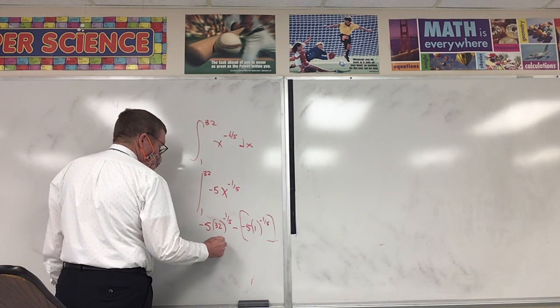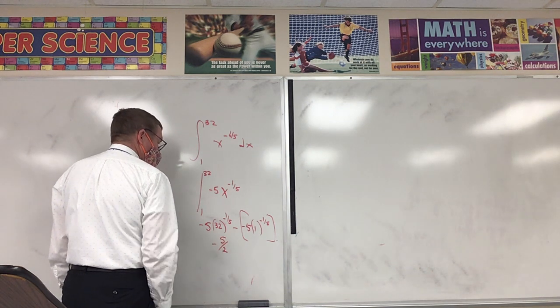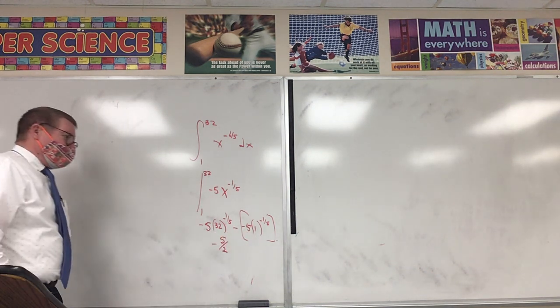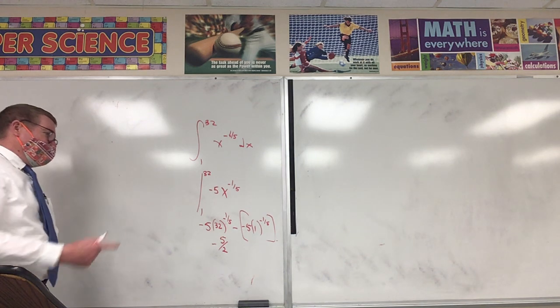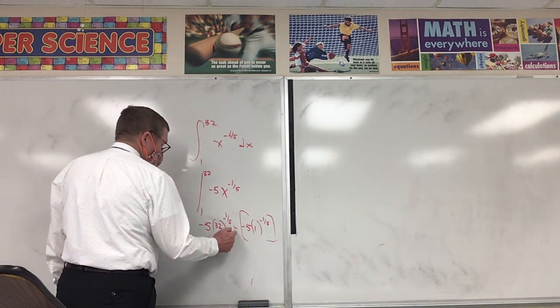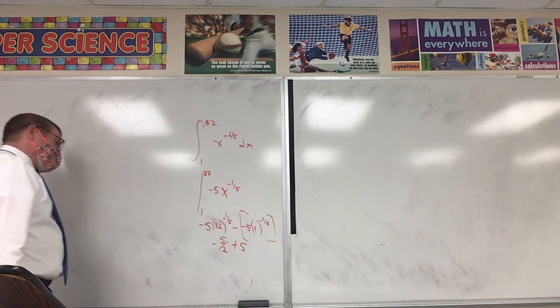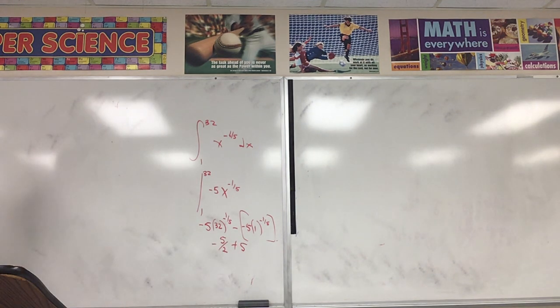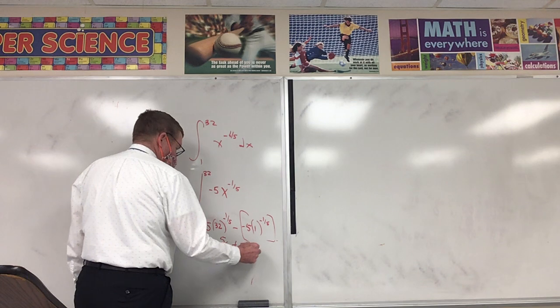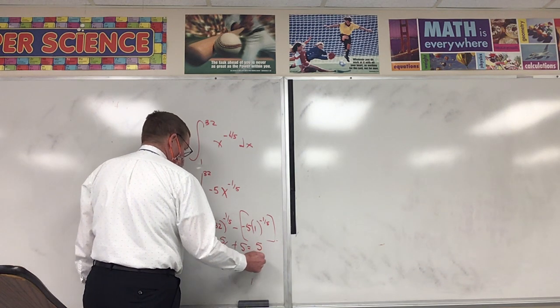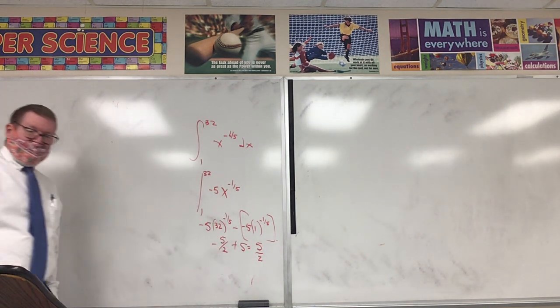Times negative 5 gives negative 5 over 2. And 1 to the negative 1/5 is 1, times negative 5, and minus negative 5 is plus. So negative 5/2 plus 5 is 5/2.